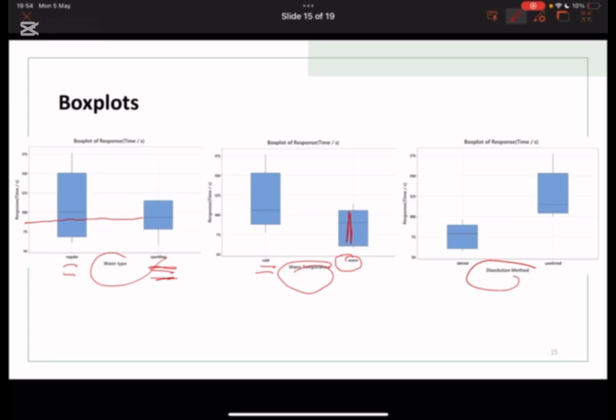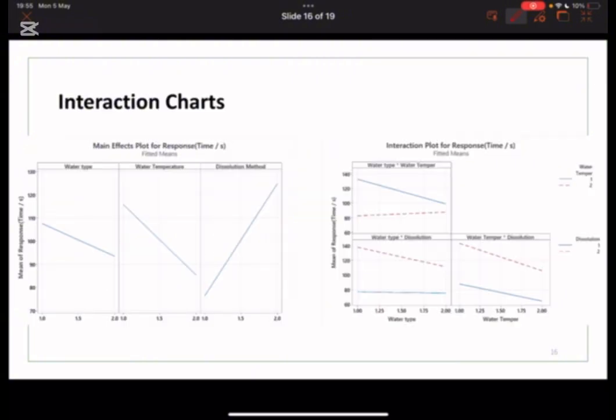The most pronounced effect is seen with the dissolution method, where stirring leads to much faster and more uniform dissolution times than leaving the solution unstirred. Overall, the plot visually supports the ANOVA findings, highlighting that these factors play important roles in tablet dissolution.